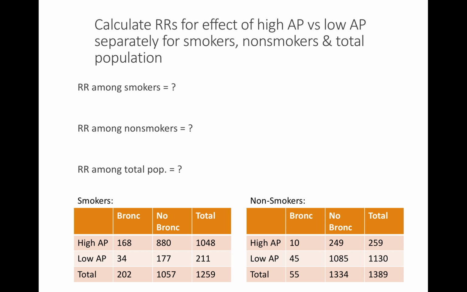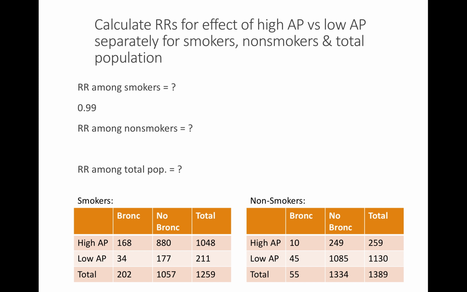Pause the video, take some time to calculate these relative risks, and see what you get. Hopefully you found that the relative risk among smokers is 0.99. We had a little conversation about this in class: this was essentially 1.